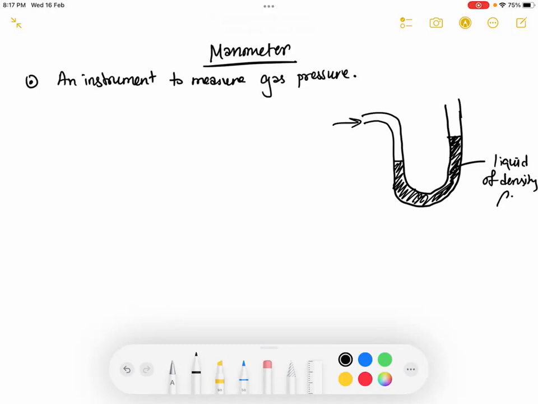Let's say some gas is exerting pressure from this side. So this is gas pressure P1. And let's say there's nothing on this side, just the atmospheric pressure. So this is P0, the atmospheric pressure.